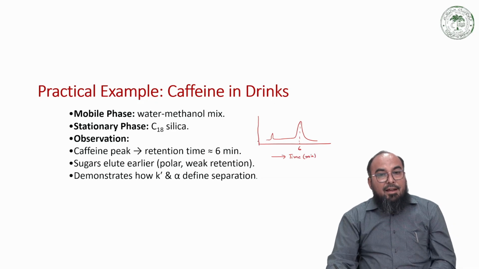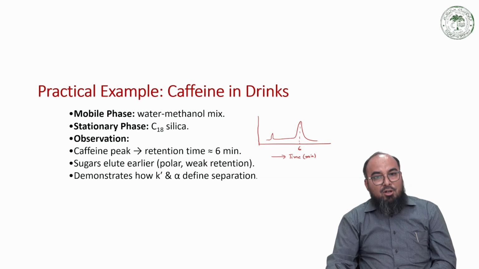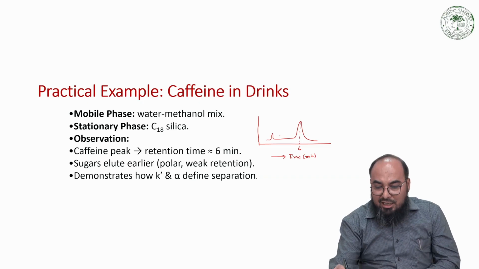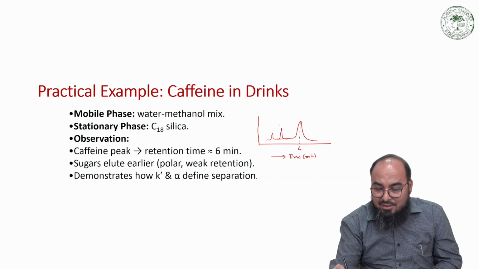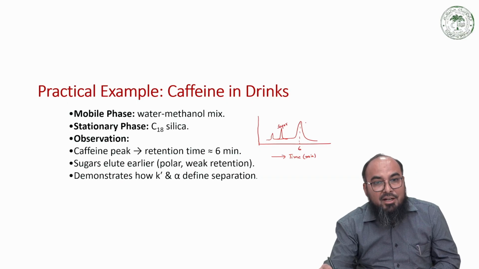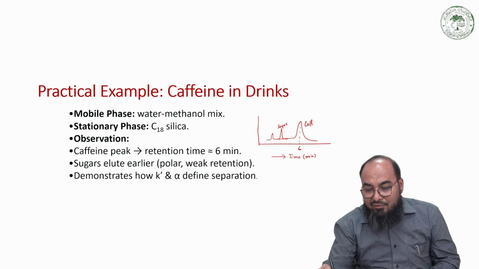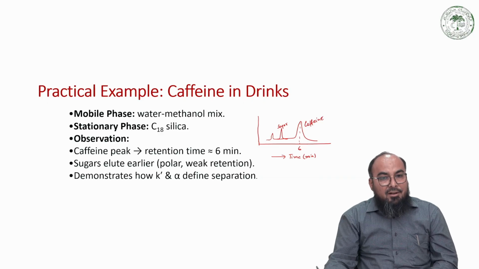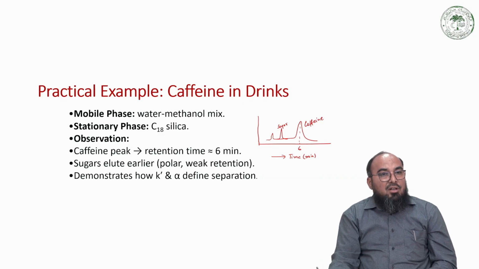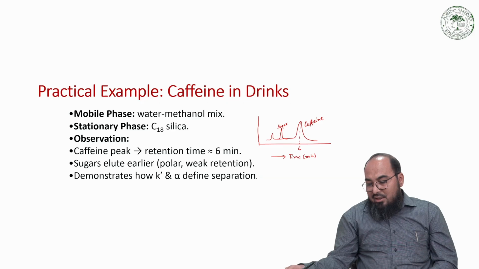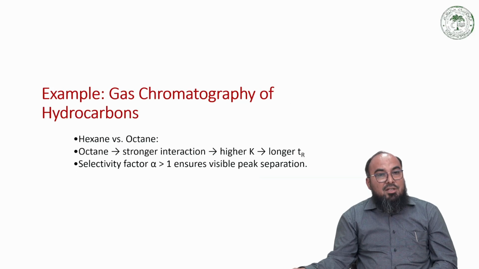So caffeine elutes after 6 minutes, and sugar elutes earlier because it is polar and has a weak interaction. The weak interaction comes first, so sugar comes first, then caffeine comes because it is retained. And this is how K dash and alpha give you a good idea about the separation.